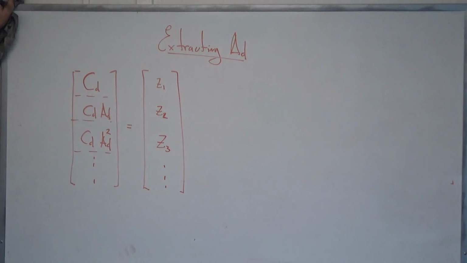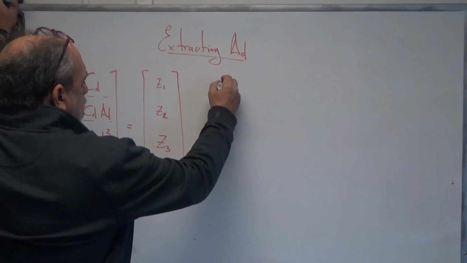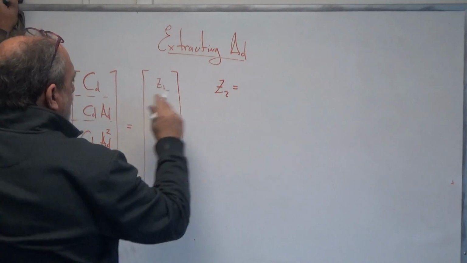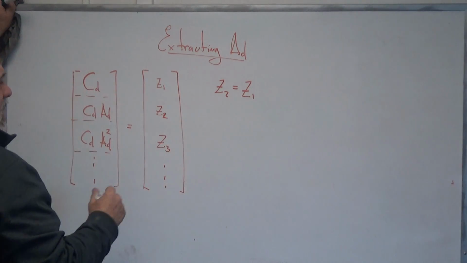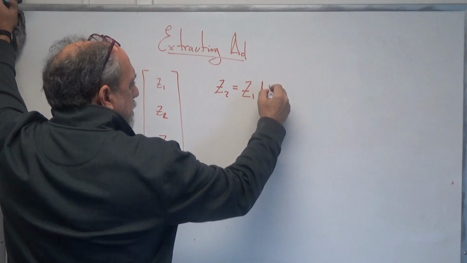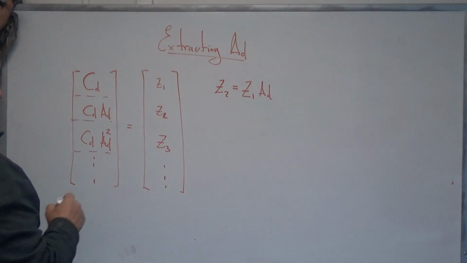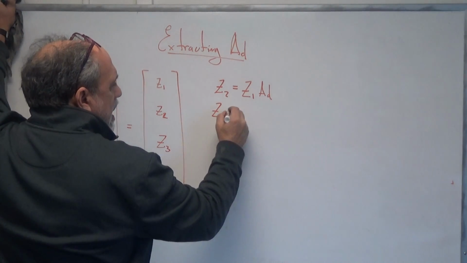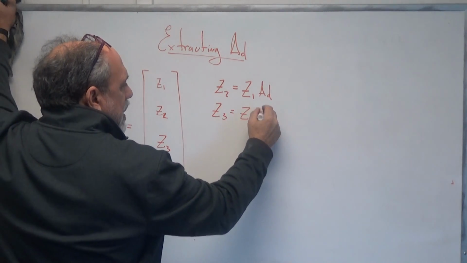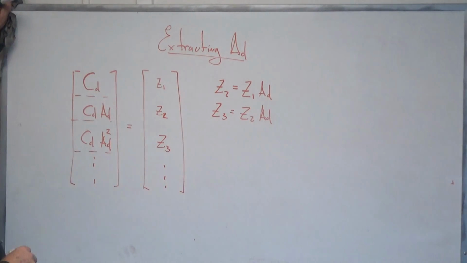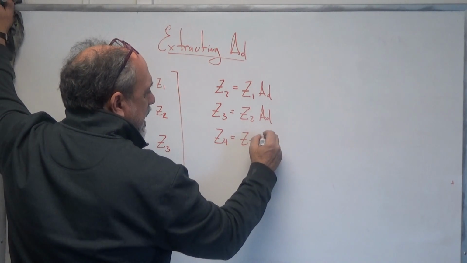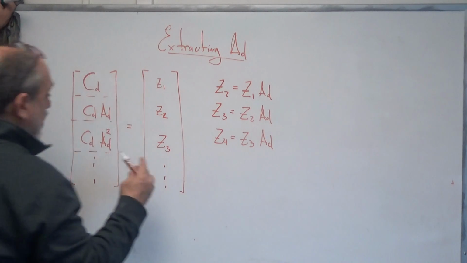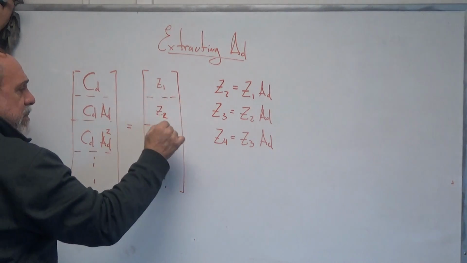Then from here you can see that Z2 is equal to Z1 times A, right? And you can see that Z3 is equal to Z2 times A, and Z4 is equal to Z3 times A.